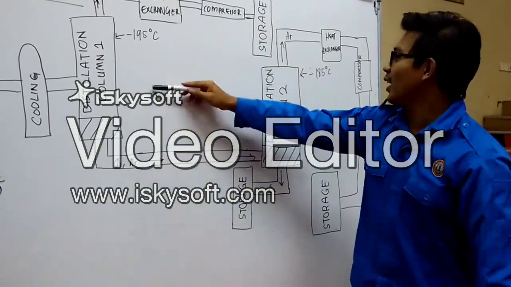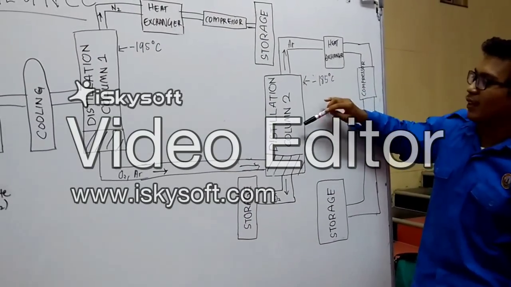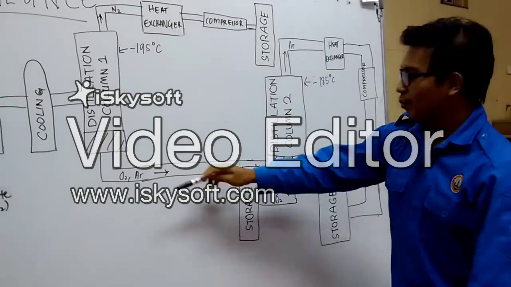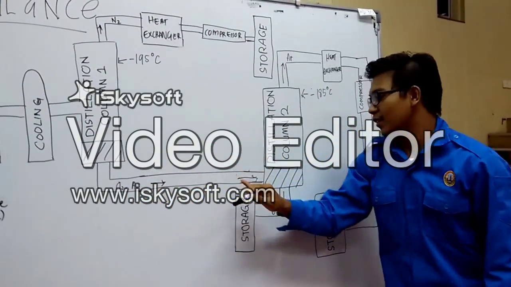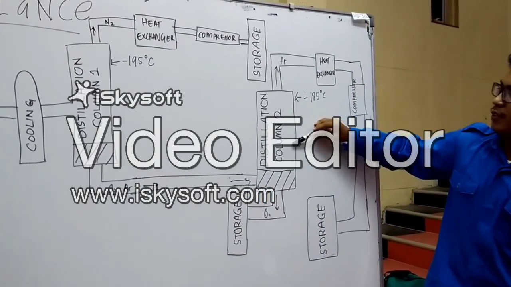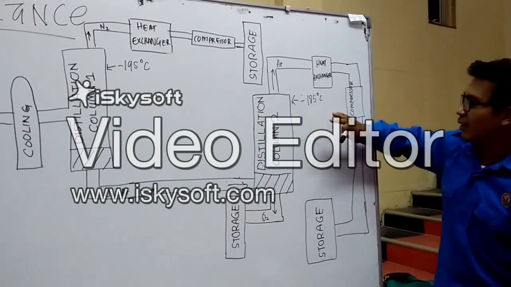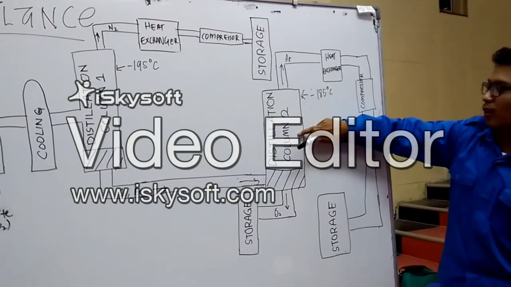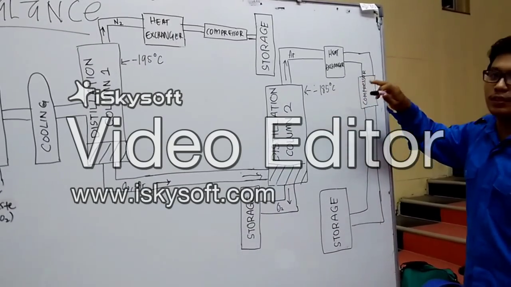The distillation process is continued in the second distillation column by using this oxygen and argon in liquid condition. So this distillation process is the same as this one, but the condition in this second column is set to negative 185 degrees Celsius.